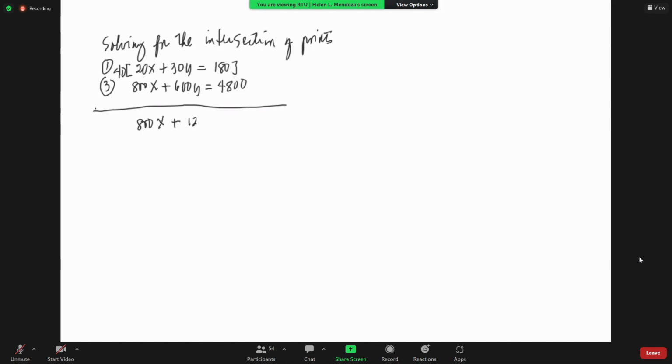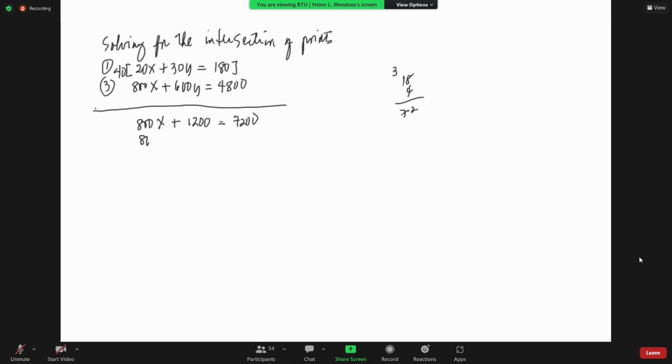So, we have 1200, and this is 18 multiplied by 4. So, 18 multiplied by 4, 32. Tama ba? 16 plus 16 is 32. So, we have 3. So, 72. So, we have 72. Then, we have 2 zeros. Tama ba? Okay.